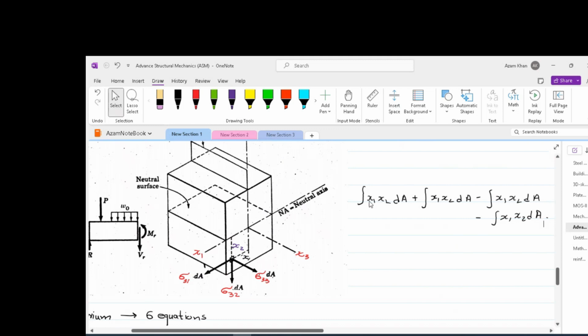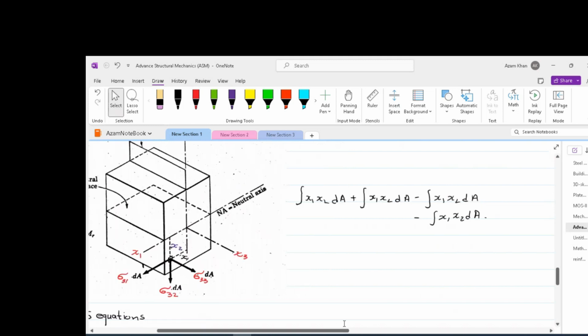So we take x1, x2 positive for this one and this one, and we have x1, x2 negative for this quadrant and this one. These all are summing up to zero. This tells us that the axes about which we have taken these lever arms are principal axes.